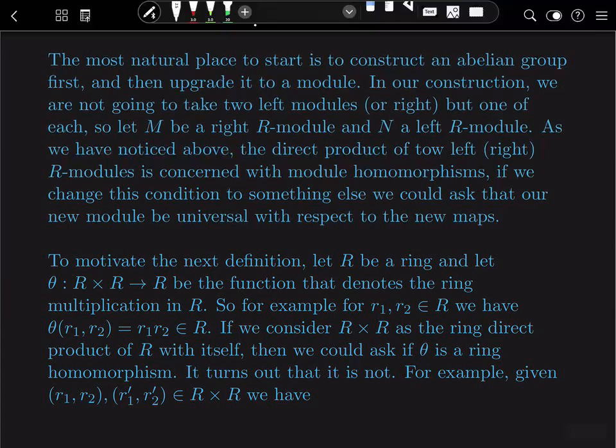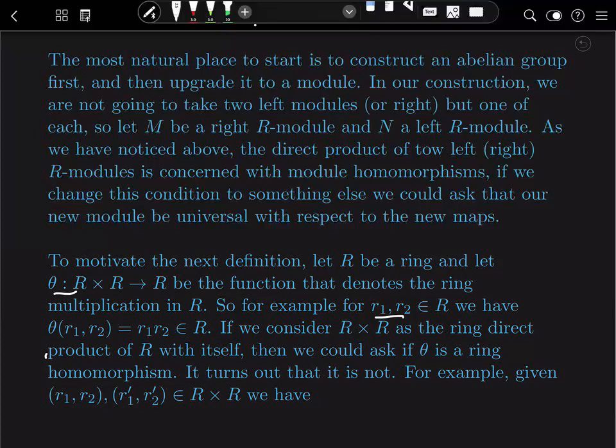So to motivate the next definition, we'll let R be a ring, and we're going to consider theta to be the function that denotes multiplication in R. So for example, for r1 and r2 in R, theta of r1 comma r2 is equal to just the product r1 r2 in R. So we can ask, is this an R module homomorphism?